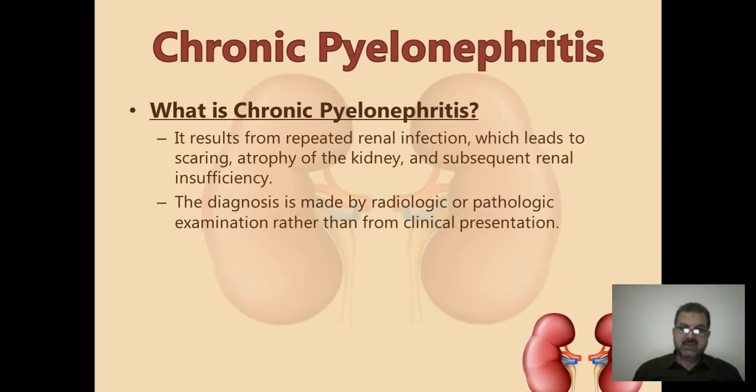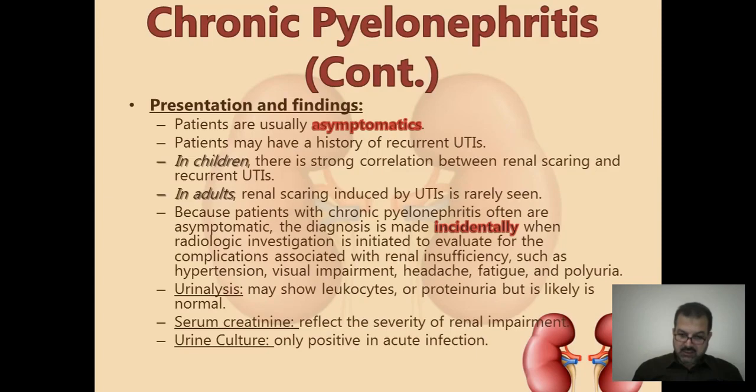It is usually an incidental finding by doing an ultrasound for something else, where you can find a small atrophic, scarred, lobulated kidney. These patients are usually asymptomatic. Most of them have a history of recurrent infections, mainly in childhood.